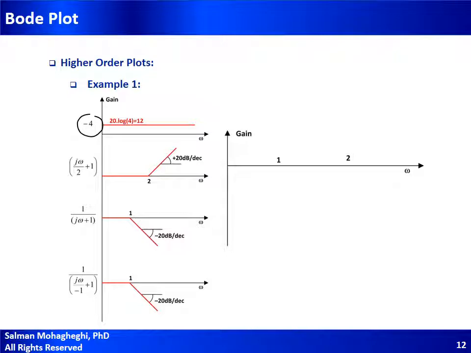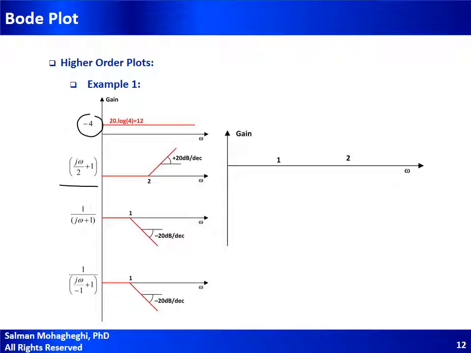The next term is my zero. I have a zero at -2, which in the standard form I show as j omega over 2 plus 1. Based on what we have seen so far, the magnitude plot is going to be a straight line with a magnitude of 0 for low frequencies, basically anything less than 2.